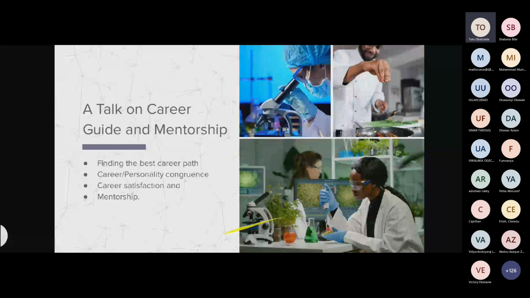Especially for people like myself, if you're very versatile and you know how to do this and that, and probably when you're still an undergraduate, you battle with a lot of decisions. So it can help if you know how to find congruence between your personality and your career and what works for you best.